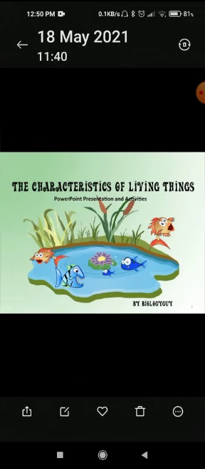Now, after the basic needs, we have to discuss the characteristics of living things, right? I am going to tell you some basic characteristics of all the living things, including the animals, the human beings and the plants. The first main characteristic is growth.